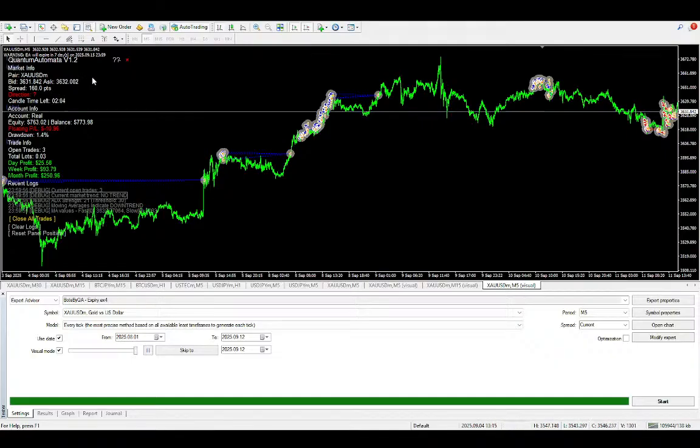We have the market info, the account info, the trade info, and the recent log. And I said we've updated the log to cover much more information about the logic of the bot. With this, you are able to monitor what is going on with the bot, and I'm going to demonstrate that.